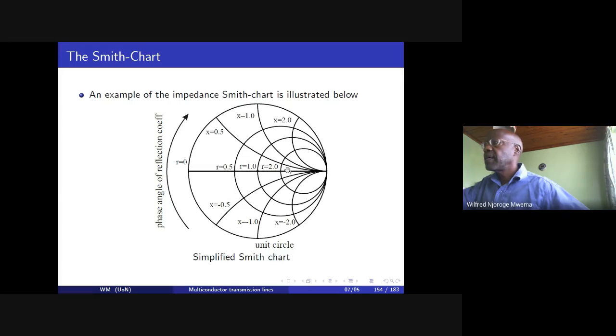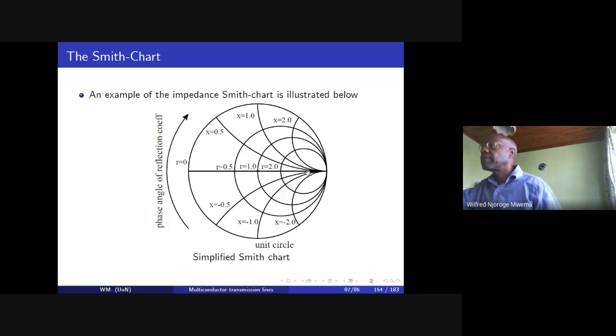The point where it cuts the real axis towards the big PM is for the case where the load resistance is larger than the characteristic impedance. Remember, all points along the real axis are for the case of the load impedance being purely resistive, so all the X circles have centers at infinity, and therefore they just lie on this line.